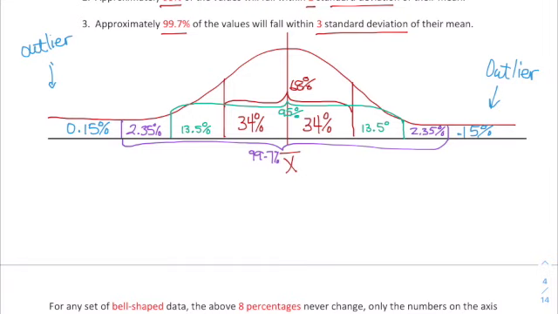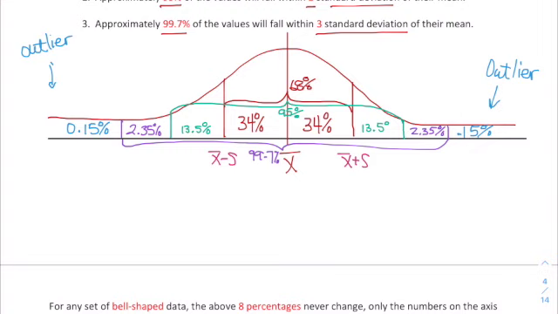So to start off, how do you find the number for the first standard deviation? You just take your mean plus one standard deviation, and then you take your mean minus one standard deviation. Plus the standard deviation is to the right, minus the standard deviation is to the left.